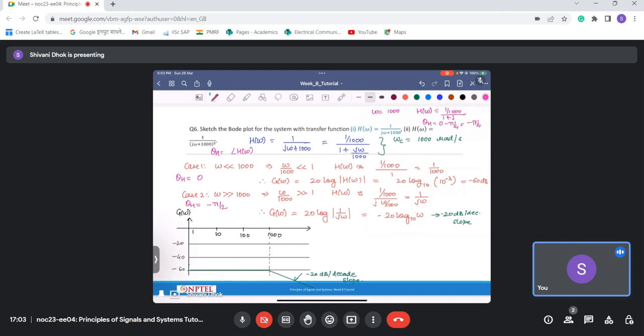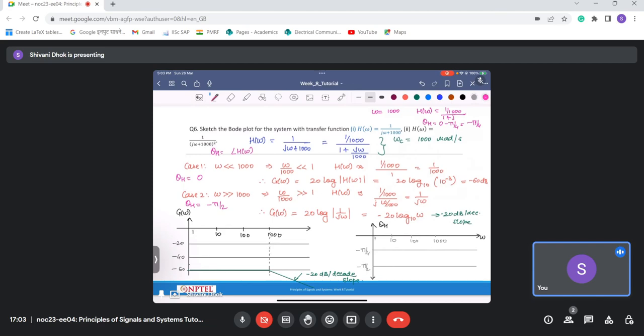So if I draw this angle, this is omega, this is theta H, this line corresponds to minus pi by 4, and this line corresponds to minus pi by 2. Let's say this is 1, this is 10, this is 100, and this is 1000.